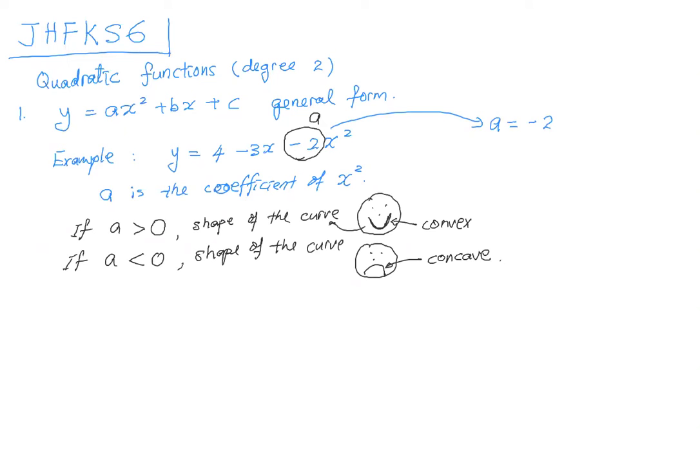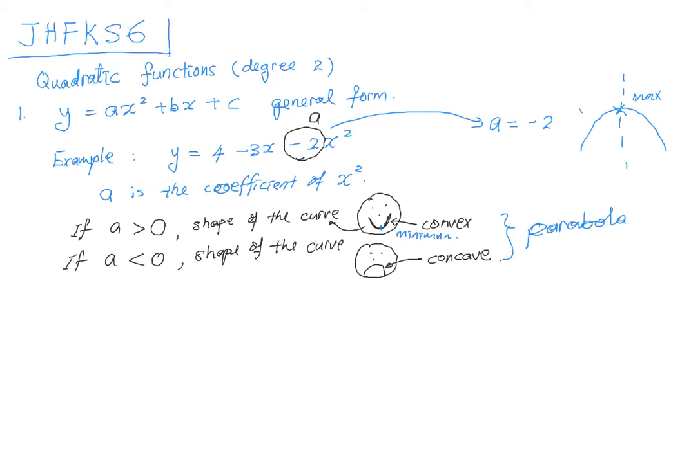Concave. So the curve is like that. These two shapes we call a parabola. There is an axis of symmetry, and there is a highest point, a maximum point, or a minimum point.